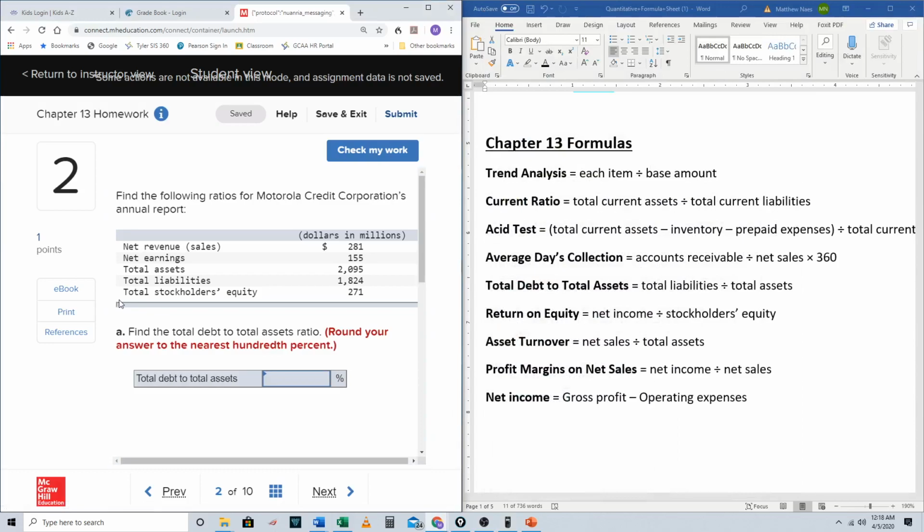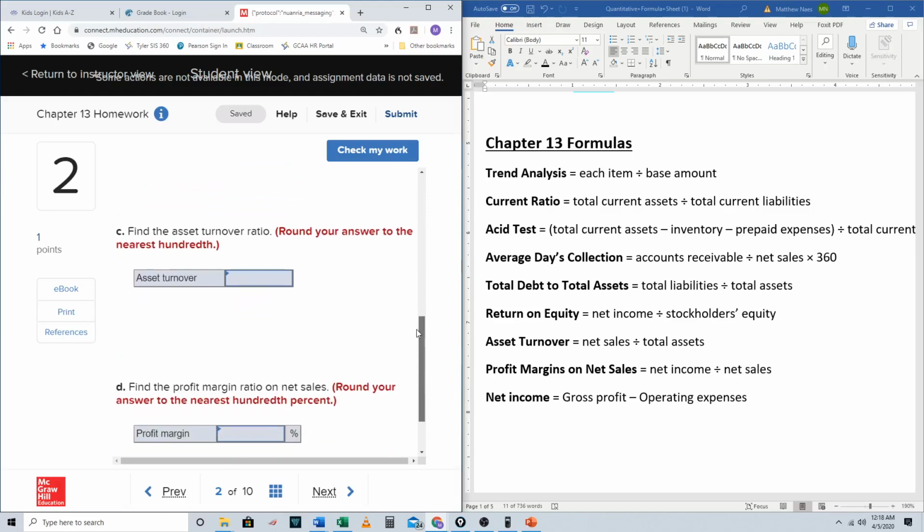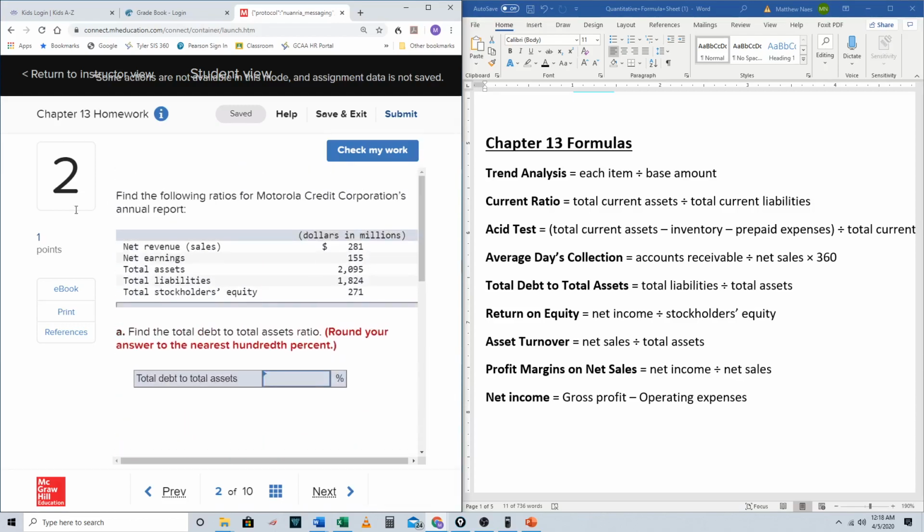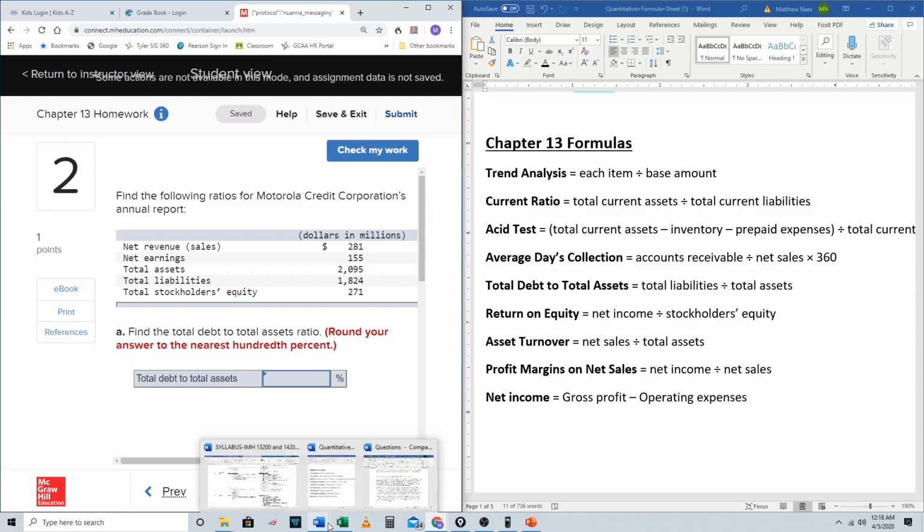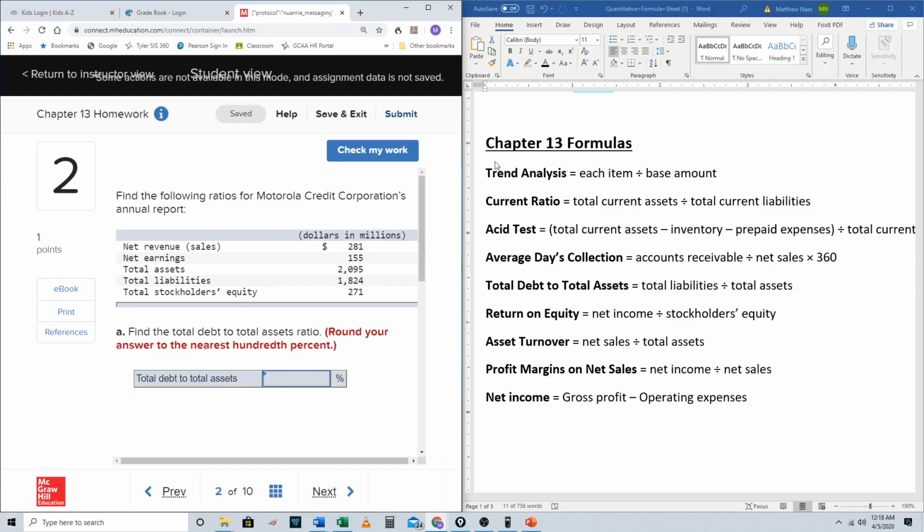Okay. Now this has a part A here, so don't forget, there's a part B and C and D. You're going to want to make note of this because this can be a little confusing. Let me get my pen. When it asks for total debt to total assets, that is total liabilities over total assets.